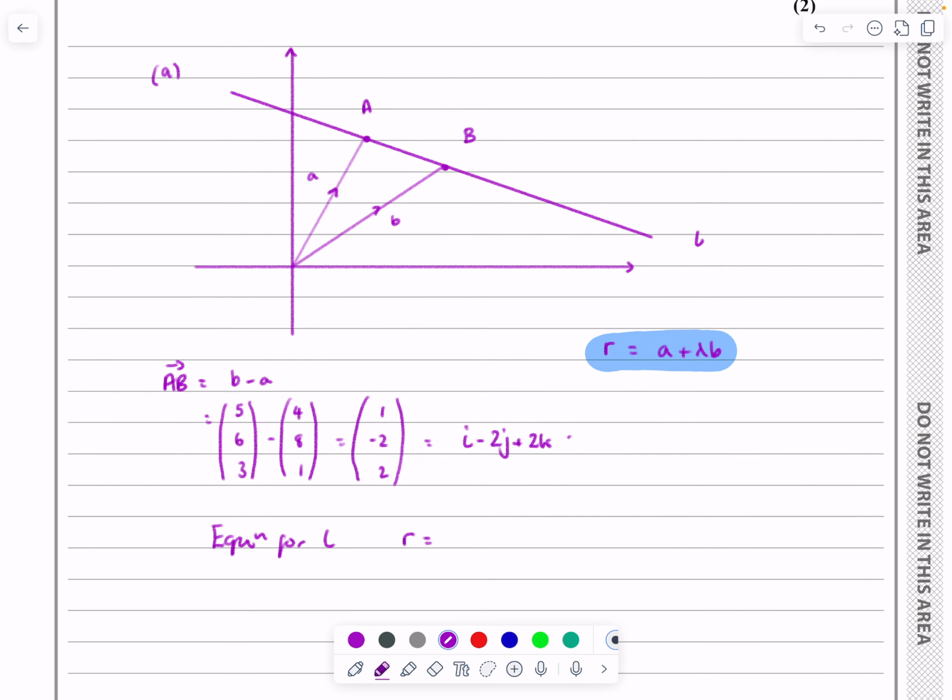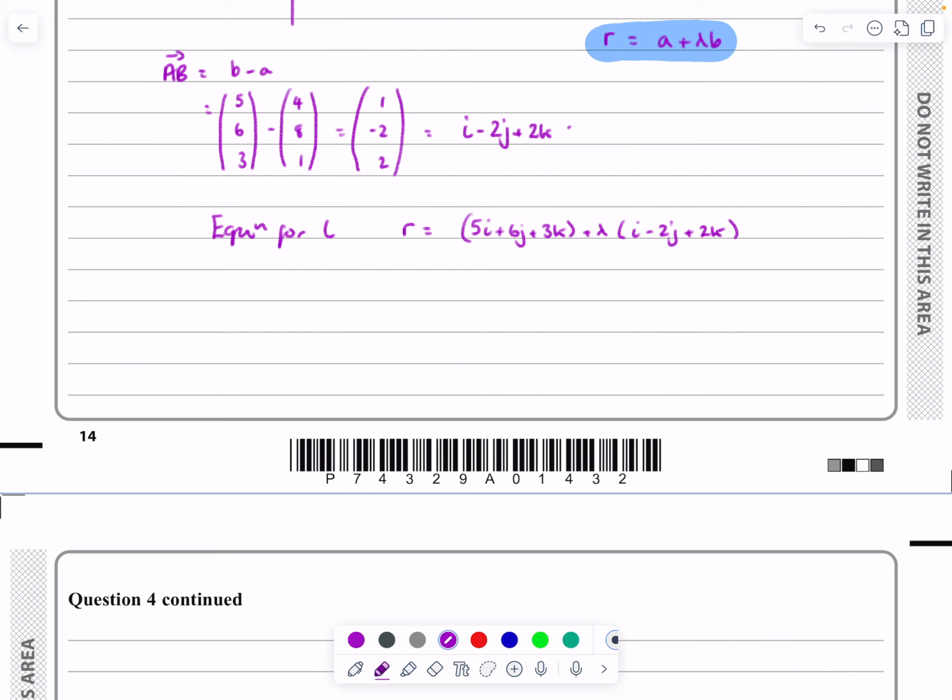I'm going to use (5, 6, 3), but I could use either one, 5i plus 6j plus 3k, plus lambda lots of the direction vector, i minus 2j plus 2k. We can write that in lots of different ways, obviously. There's multiple answers available for this. You don't have to have (5, 6, 3). You could have used (4, 8, 1), and you could have written this in terms of columns. You could write it in any other way, but I'm going to stick with that one for the time being as being the vector equation of my line.